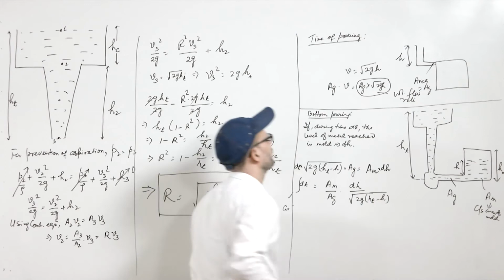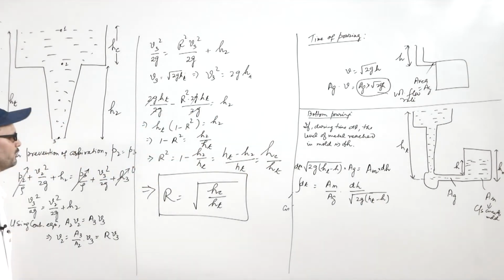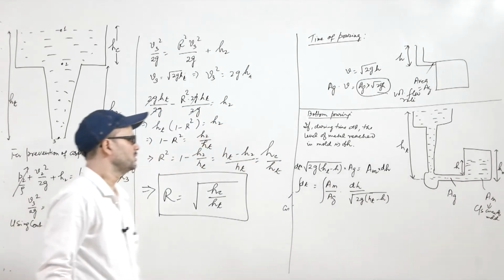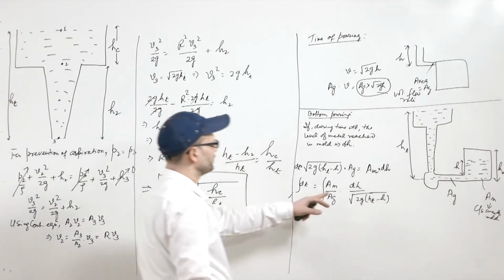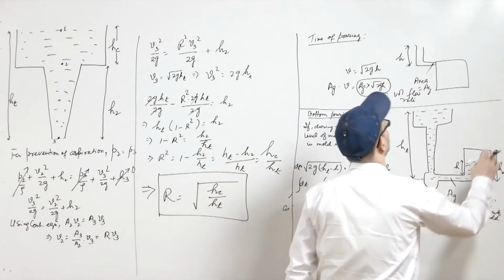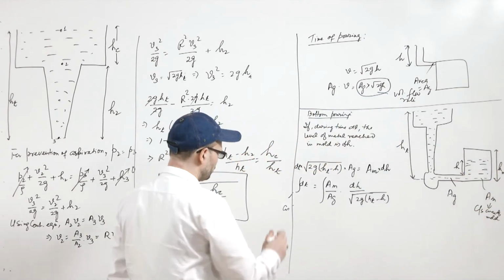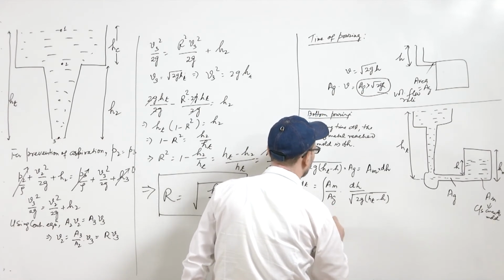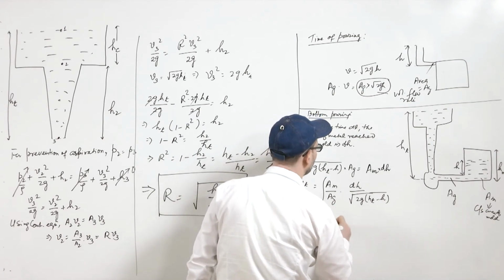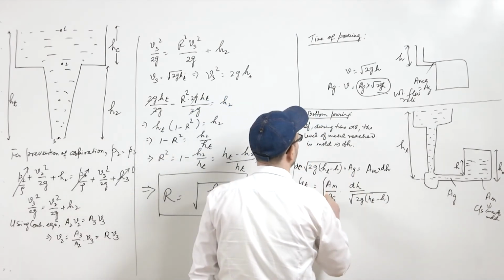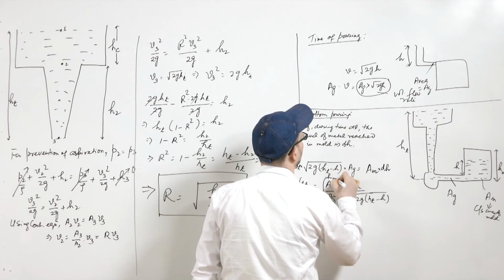Once you integrate, dh varies from 0 to hm. So, from here you get AM upon AG, and then root 2g will come out.